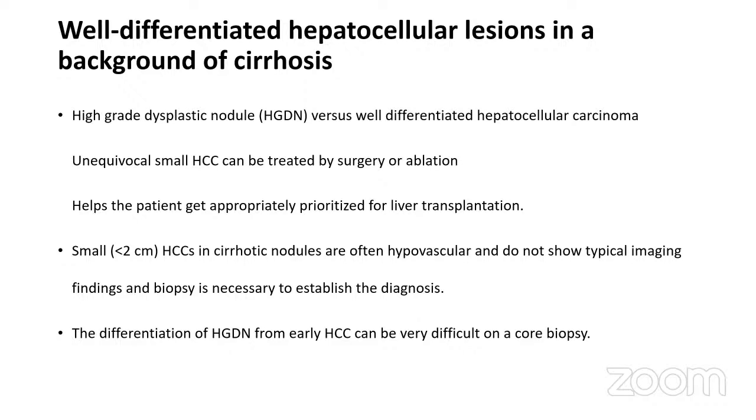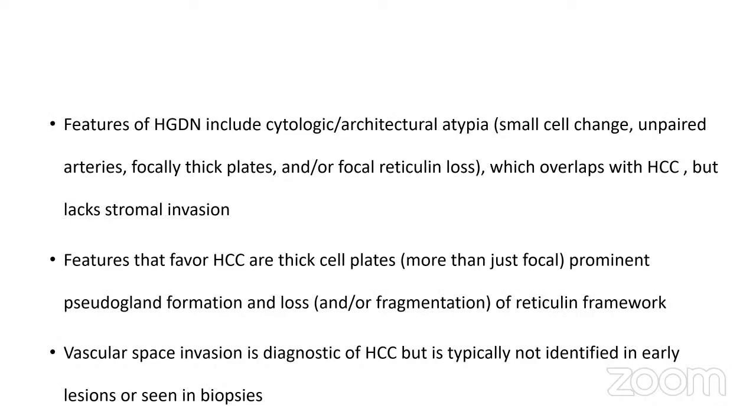The differentiation of high-grade dysplastic nodule from an early HCC can be very difficult on a needle core biopsy. The most important feature on histology is whether you see stromal invasion and/or vascular invasion. So what are the histological features of high-grade dysplastic nodules?